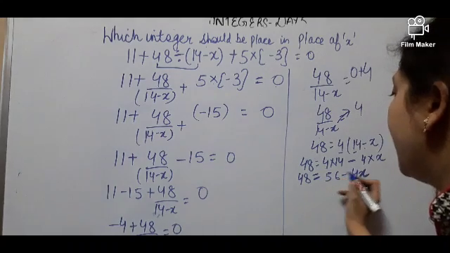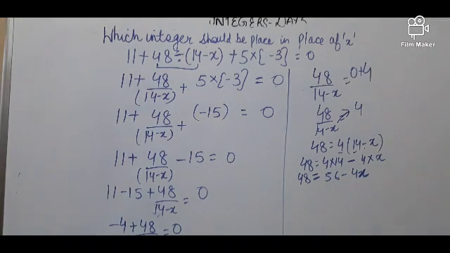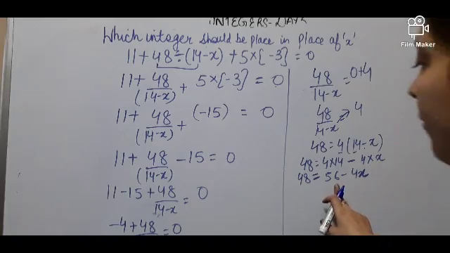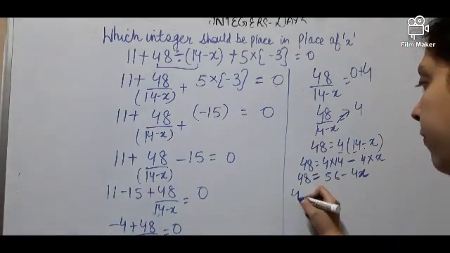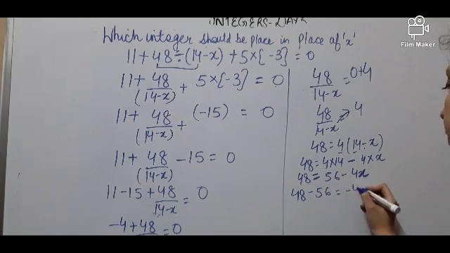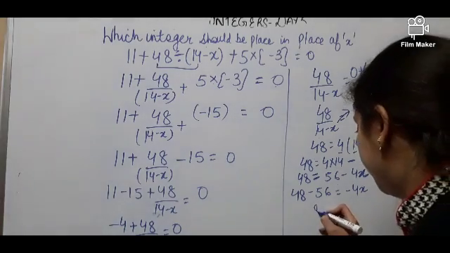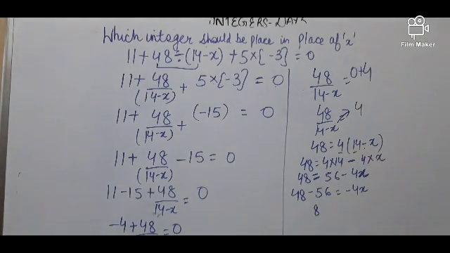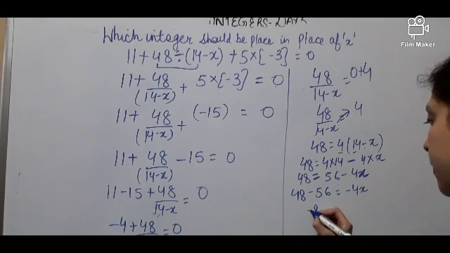As I have to find the value of x, I will now take 56 to the left hand side, so it becomes negative 56. So 48 minus 56 gives you minus 8.